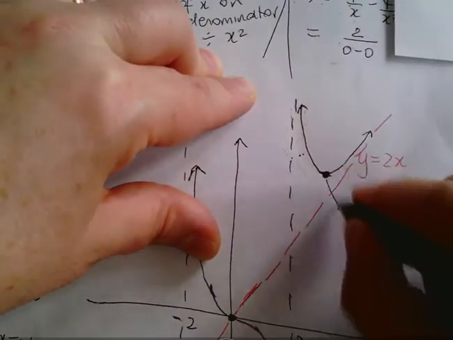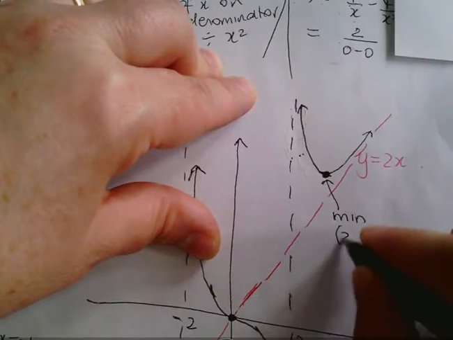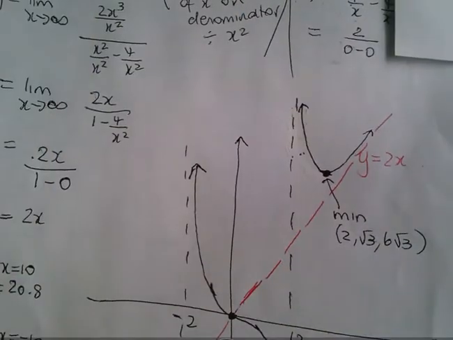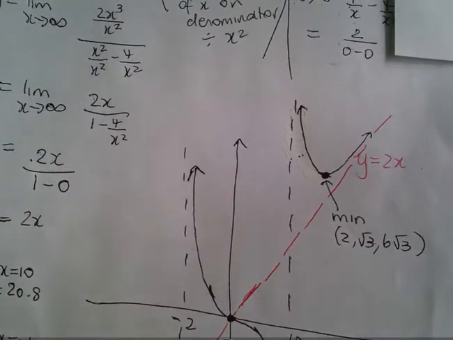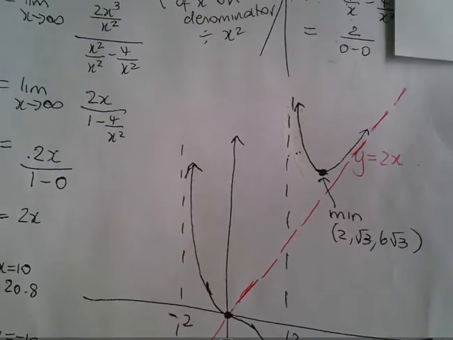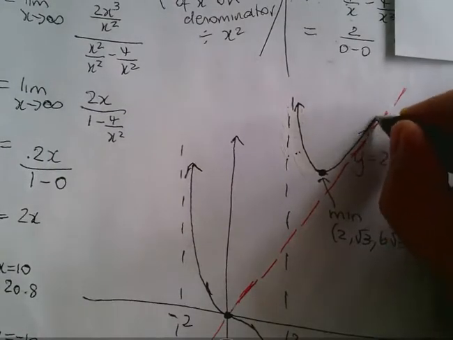So you need to put that this is a minimum at 2 root 3, 6 root 3. This is my oblique asymptote, and the curve approaches that from above, because when x is 10, it's 20.8, so it's above that line.